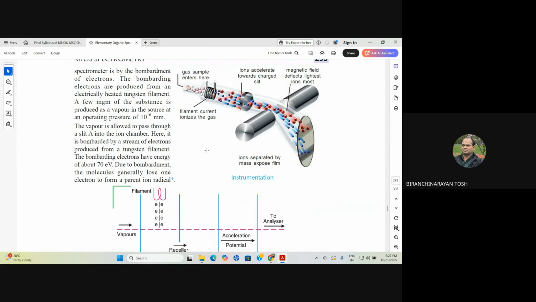The vapor is allowed to pass through a slit into the ion chamber. Here it is bombarded by a stream of electrons produced from the tungsten filament. The bombarding electrons have energy of about 70 electron volts, and due to this bombardment, the molecule generally loses one electron to form the parent ion radical.